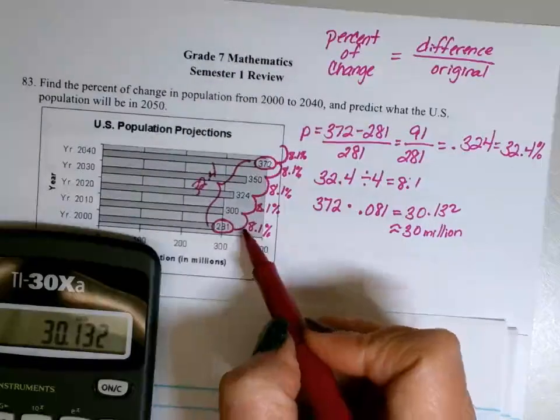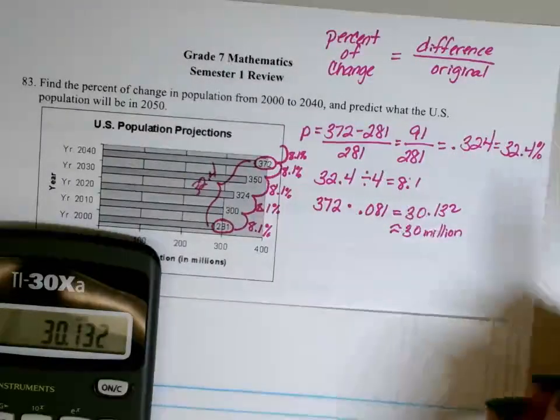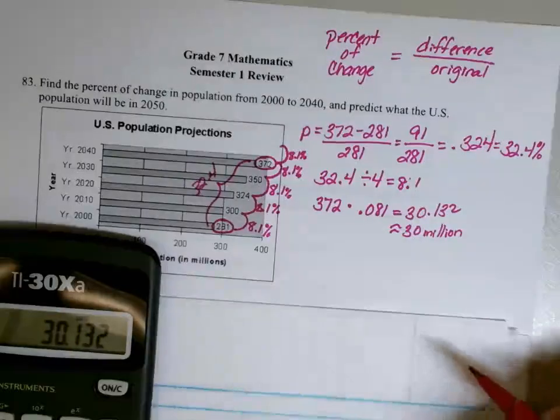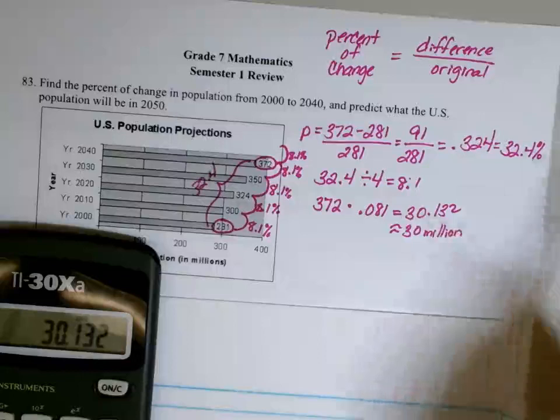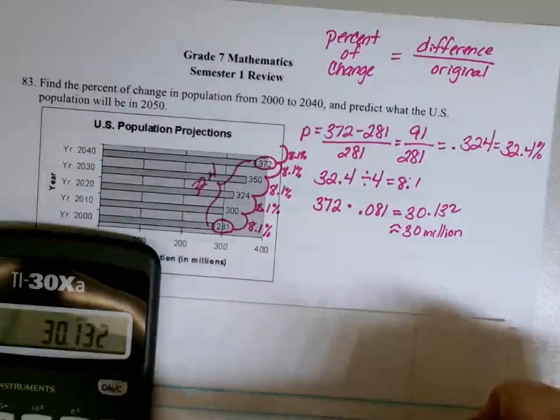And we said each one of these was 8%. And then we figured out that 8% of 372 was about what? 30 million. So, if we're going to add 30 million people to the 372 million that we have, I'm not done.